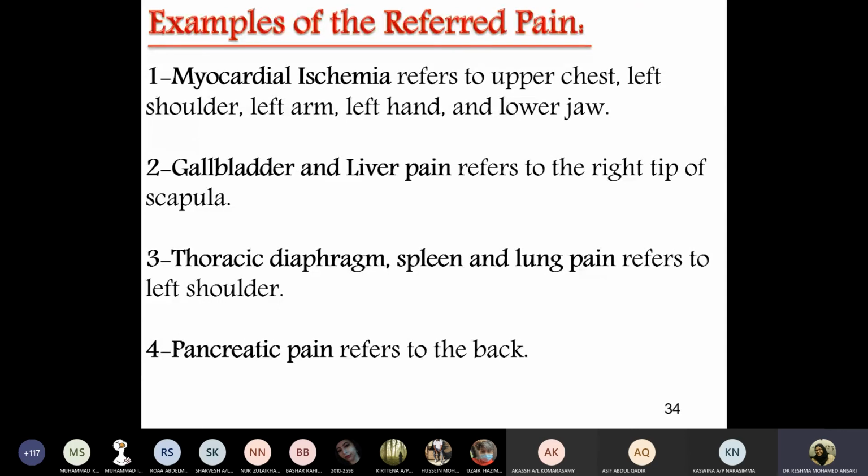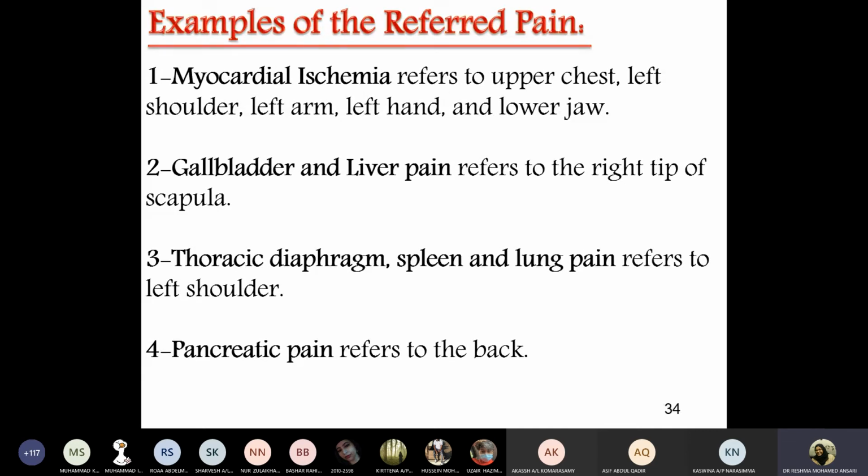Same thing, gallbladder and liver pain is usually present at the tip of the scapula. The scapula is behind, because that area is T7, T8. That body wall is supplied by T7, T8, and the pain is also carried by sympathetic fibers of T7 and T8. Same thing, any pain from the spleen, which is found on the left side, is referred to the left shoulder. Again T7, T8. And pancreatic pain refers to the back, which is usually T6 or T7 level.